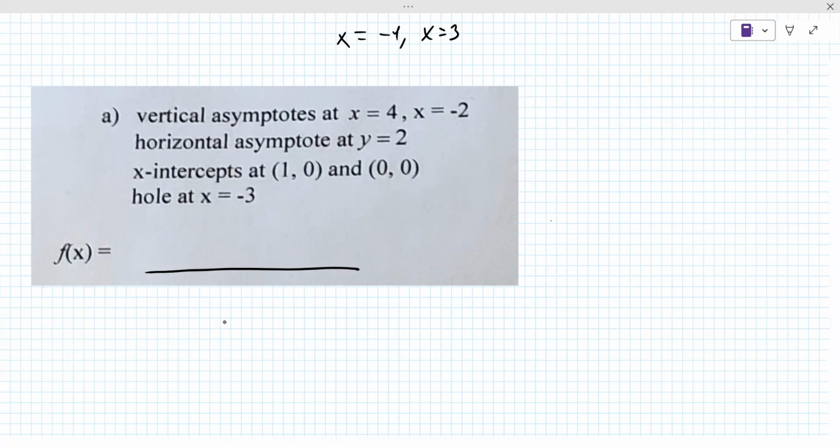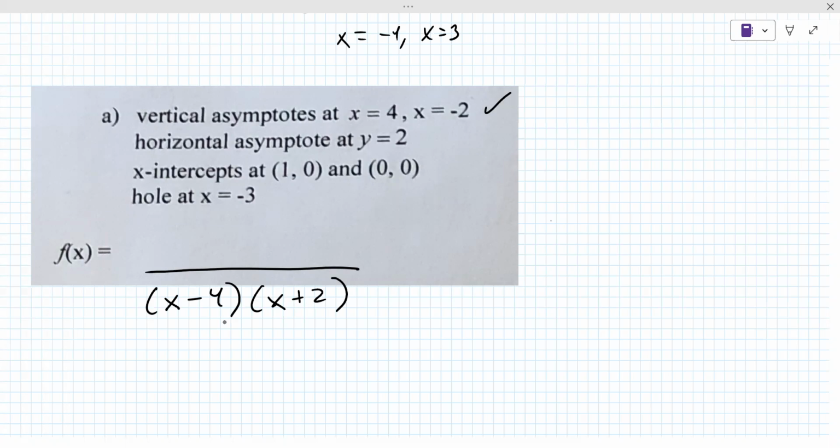Okay, and the first one is x minus 4. The second one is x plus 2. Bless you. So we've taken care of that one. We're making some progress here. All right, we'll come back to the horizontal asymptote.